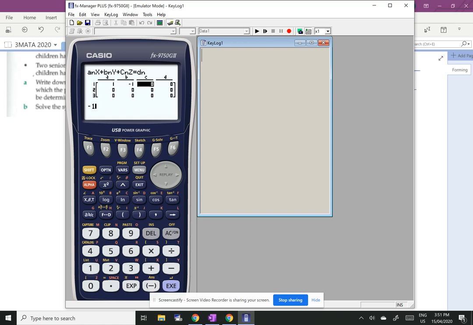I've got another -1, and I've got a -3. I've got a 4, 1, a 2, 68. 1, 2, 5, and a 57. And then I want to solve it, and it gives me my answers, which I'm just going to snip.